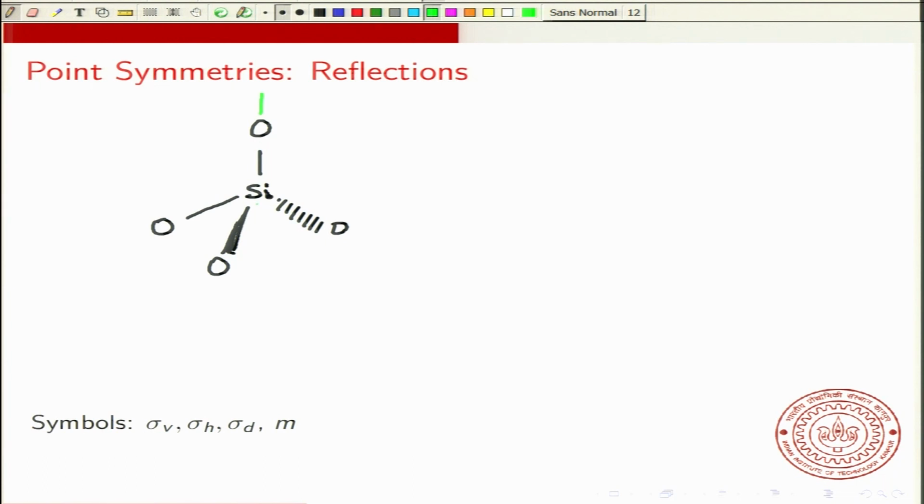For example, I could take a plane formed by these 3: this oxygen, this silicon and this oxygen. So I would get a plane that looks something like this. This plane contains the silicon and the two oxygens.